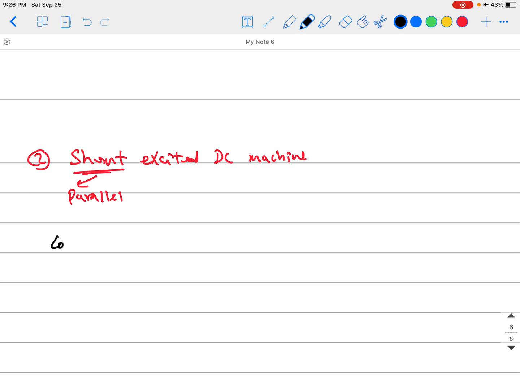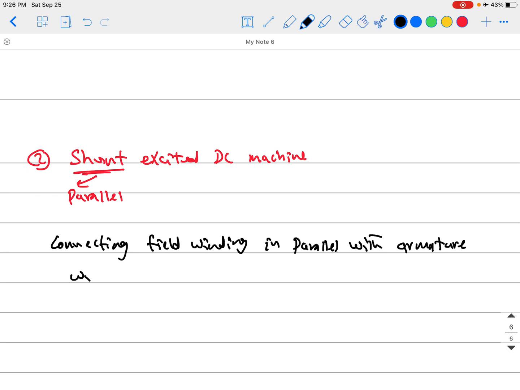It means connecting the field winding in parallel with the armature winding. Okay, guys? So, like this, we just have it like this.